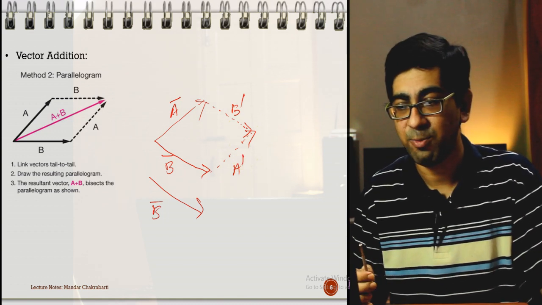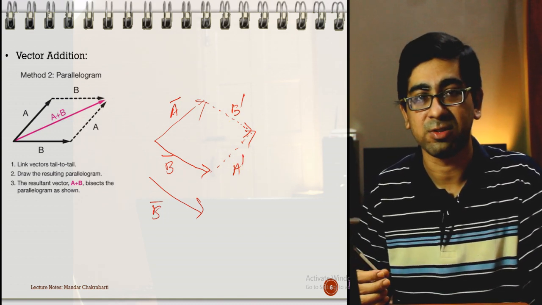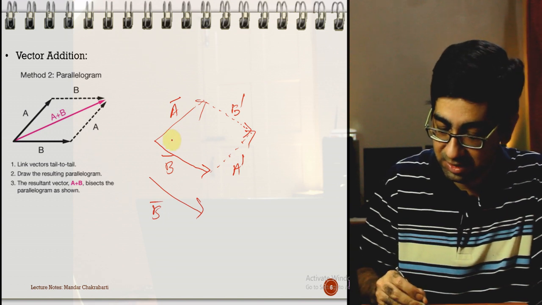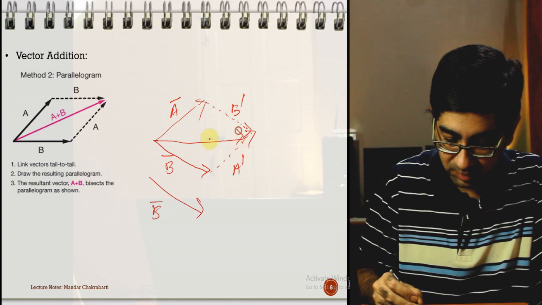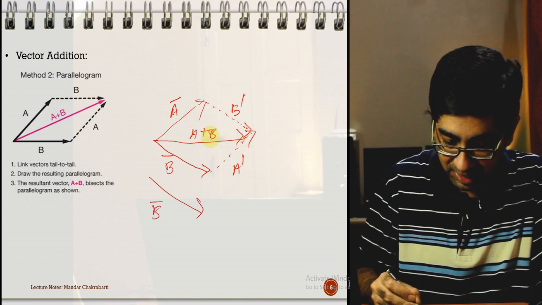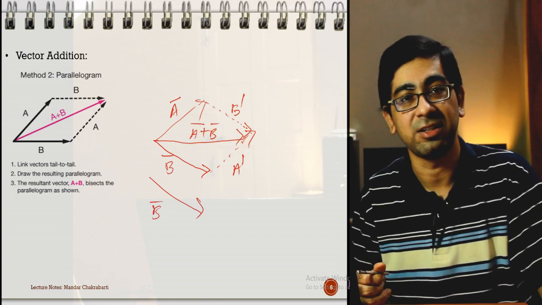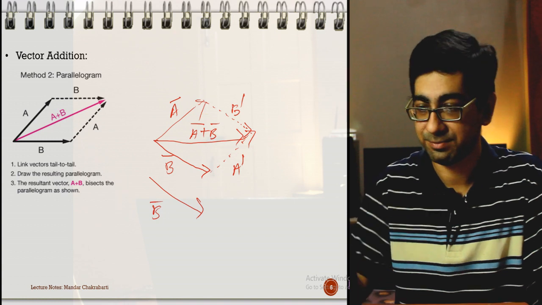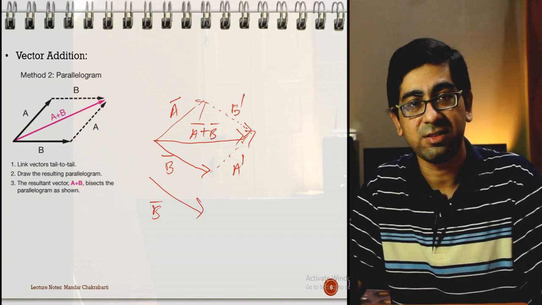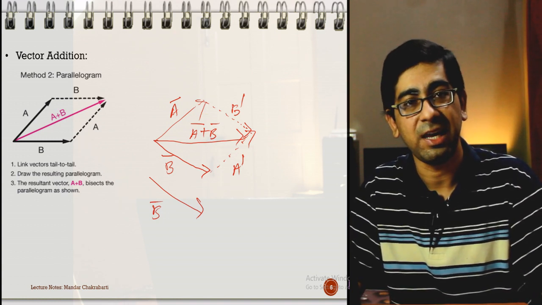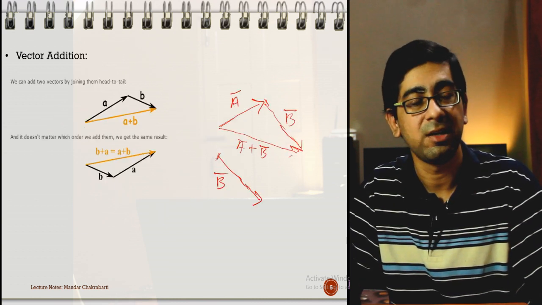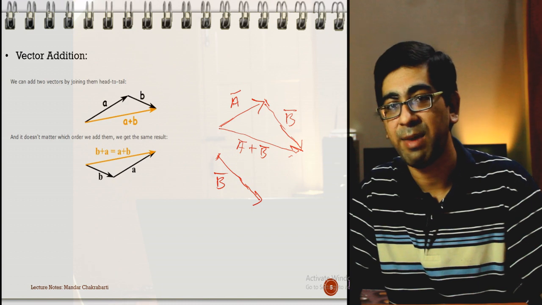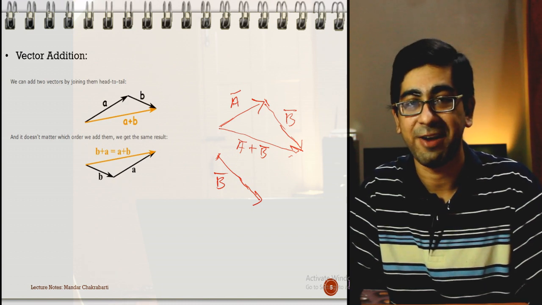And what we'll end up with is a parallelogram that looks like this, and the resultant is given by this particular diagonal. This diagonal is the resultant, A plus B. So the result that we got over here, A plus B, and the result that we got over here, A plus B, the two are going to be the exact same magnitude, pointing in the exact same direction.